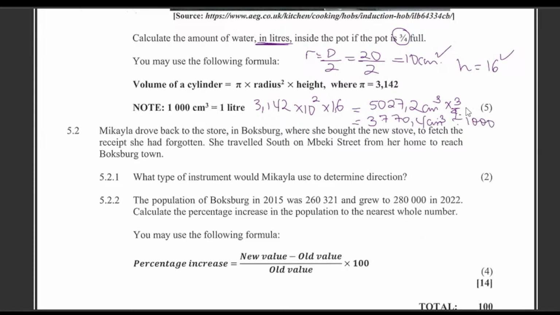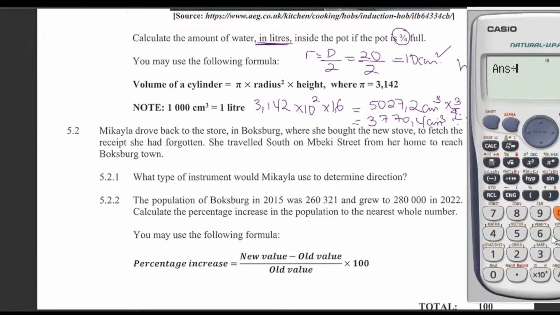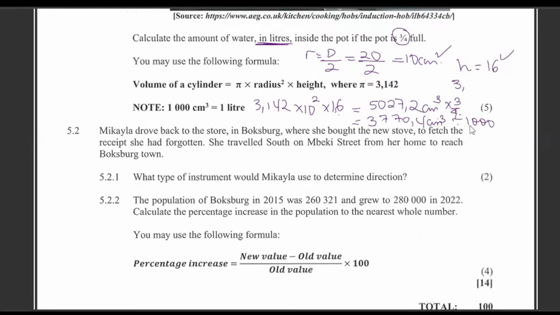When you divide by 1,000, I believe you get 3.77. So the answer becomes 3.7704 liters. They said round off. Okay, let's say they didn't say any round off. So the liters that we shall have in the pot will be this much.